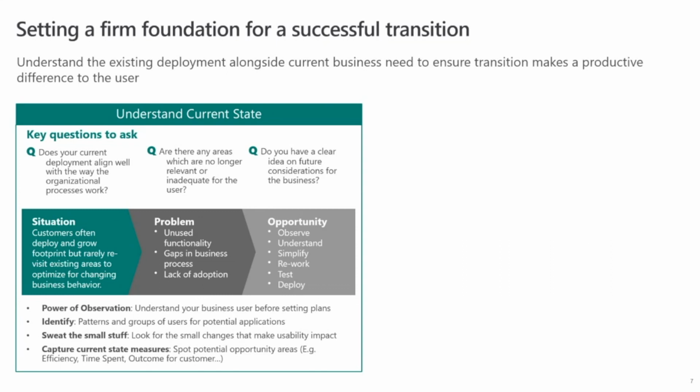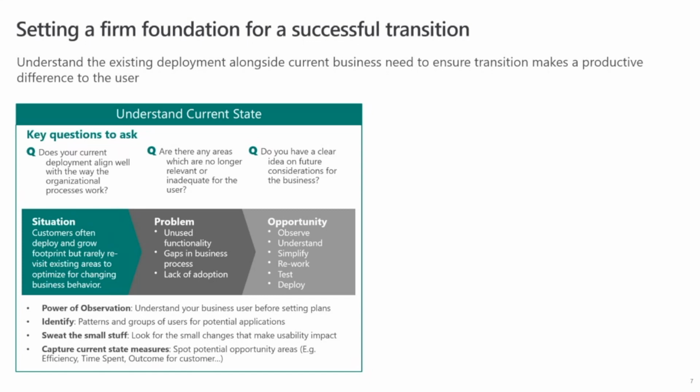And there are 4 main pillars here. The power of observation: understand your business user before setting plans. They will help you define what you need to accomplish in your application. Identify patterns and groups of users for potential applications, and we'll get into more details about that later.